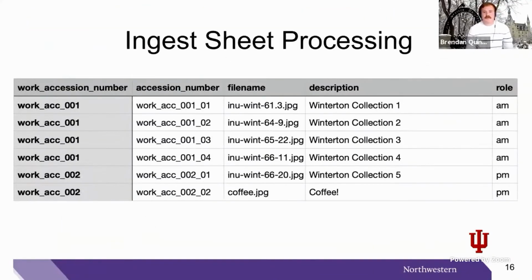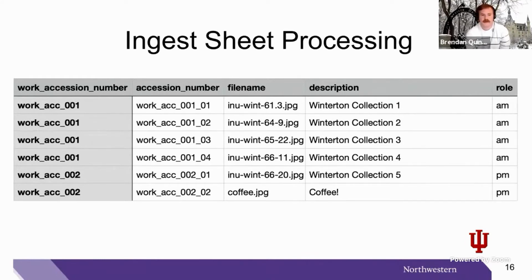So I'm guessing most of you have seen a spreadsheet before, but this one is ours and we like it. The important thing to note here is that the first two columns, the work accession number and the accession number, are used to group works and file sets, which are then run through the ingest pipeline.